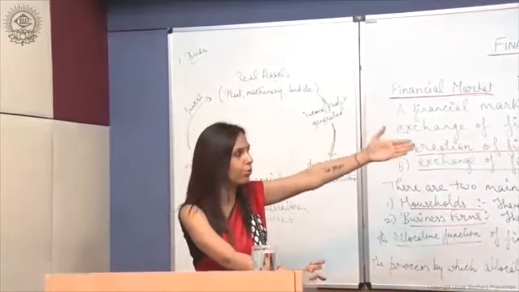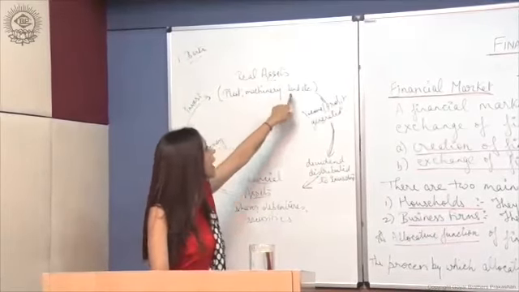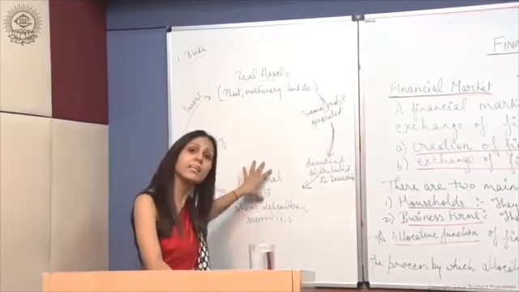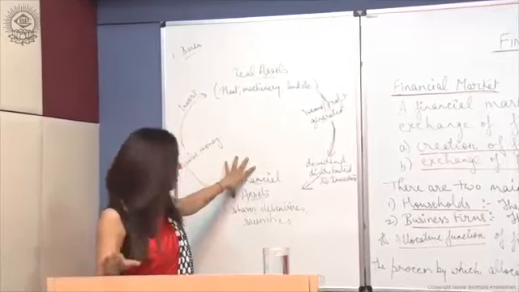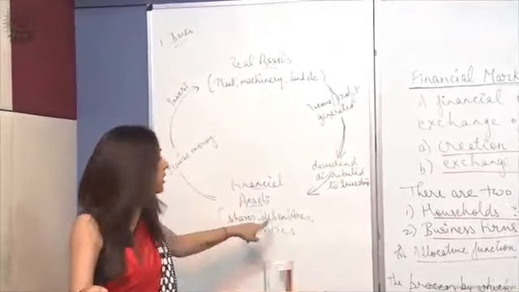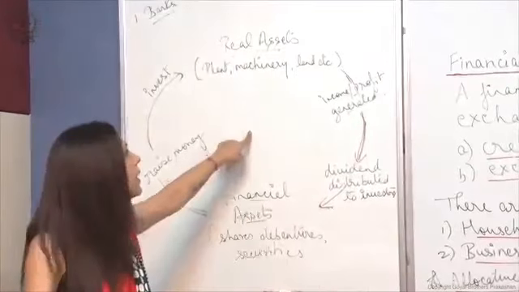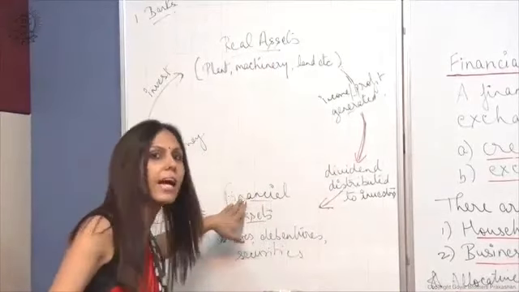As I just told you, they buy real assets like plant, machinery, land, etc., and financial assets as well. Now what are financial assets? Financial assets are shares, debentures or any kind of security. So a company has these two types of assets, real and financial.